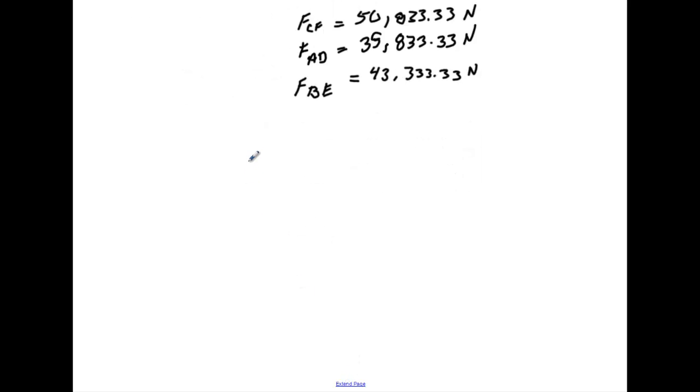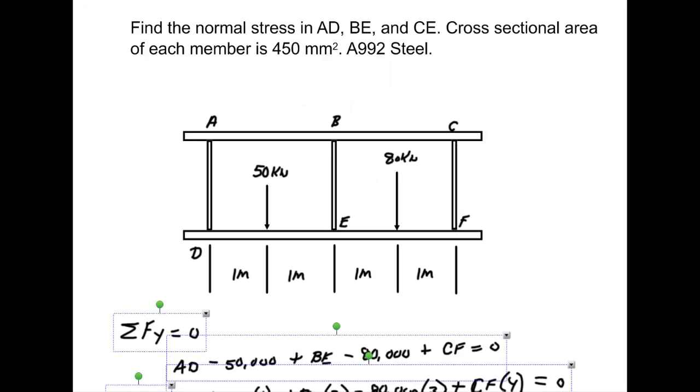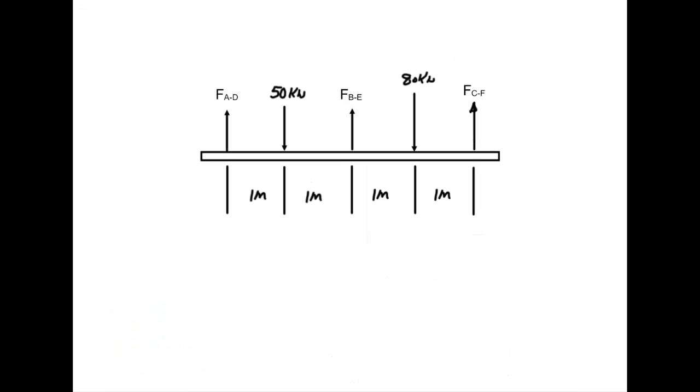Alright, so now it's real easy. We just need to find out what the stress is going to be. So the stress at AD, we'll do that real quickly, would be the load, which would equal 35,833.33 newtons. We will divide that by the cross-sectional area of that member, which was 450 millimeters squared.